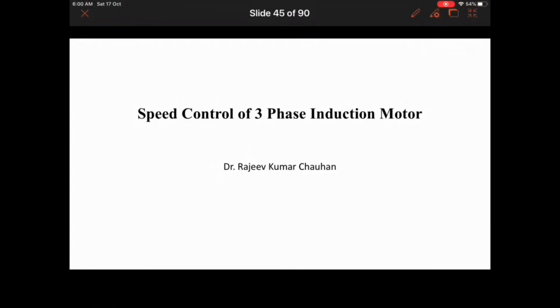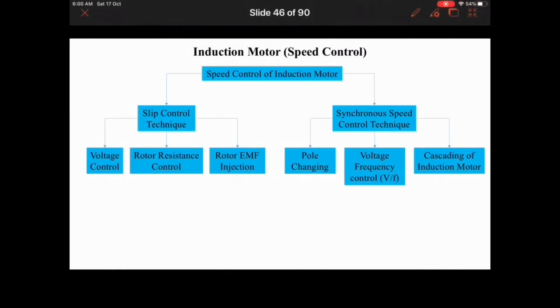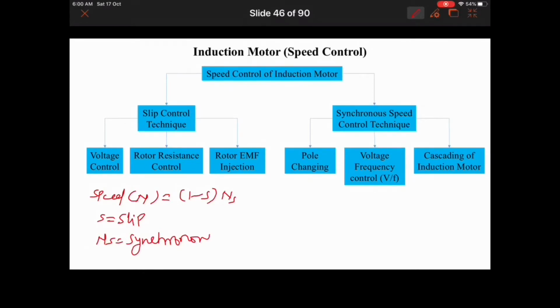Hi, today I am going to discuss speed control of three-phase induction motor. As we know, the speed of the motor N is equal to (1 minus S) into Ns, where S is the slip and Ns is the synchronous speed.